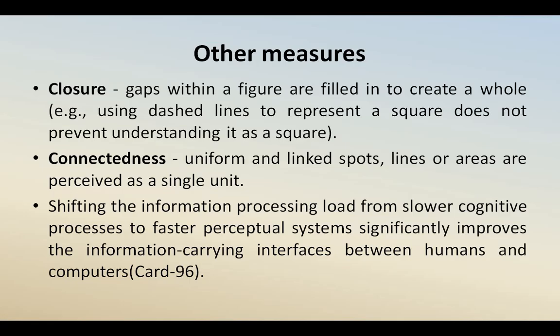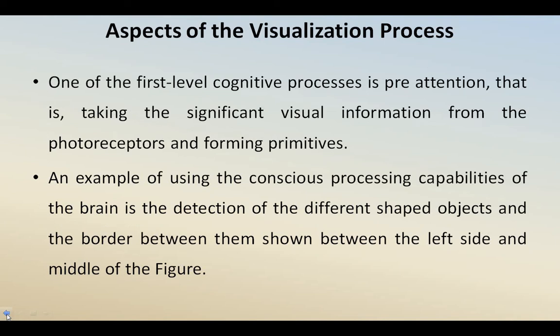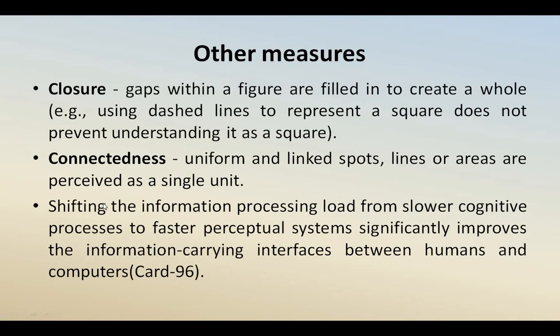So in cognition and perception, while we are transforming the information from one form into another form, obviously the human understandable form, we have to take into consideration all these measures, and finally it can be easily transferred into the human understandable form. Okay, so this concludes our introduction to information visualization. In the coming videos, we talk about some more important aspects of information visualization and the available techniques of information visualization.